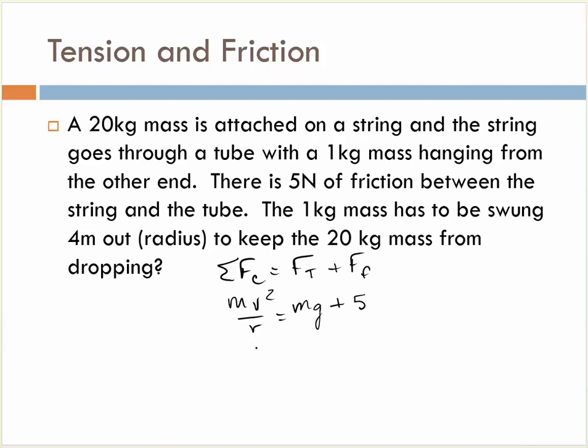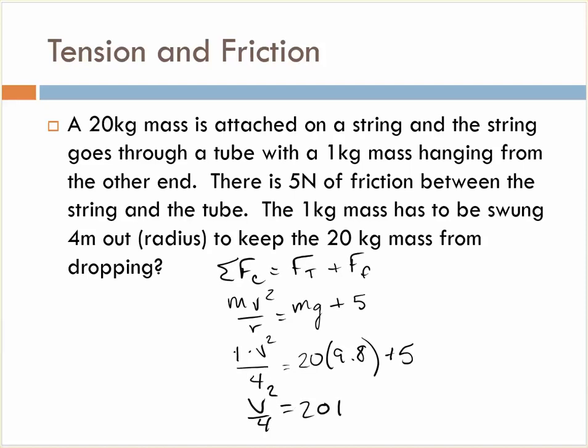This mass that's being swung is 1 times v squared over the radius of 4 meters equals the mass of the one that's being hung, which is 20, times gravity of 9.8, plus 5. So what we get here then is v squared over 4 equals 201.